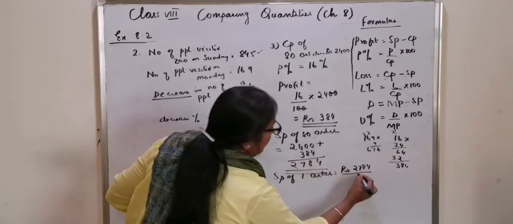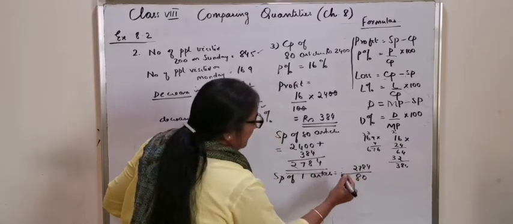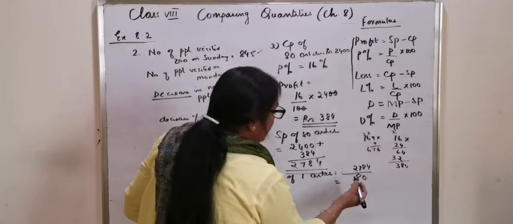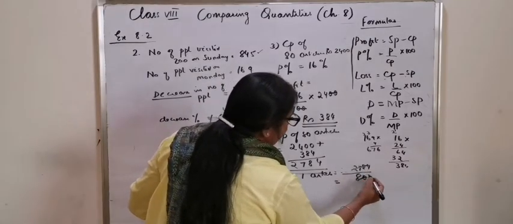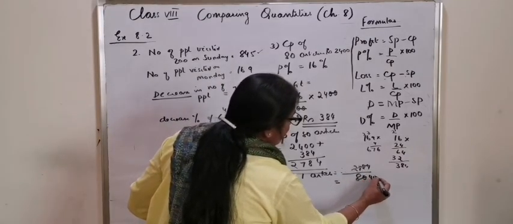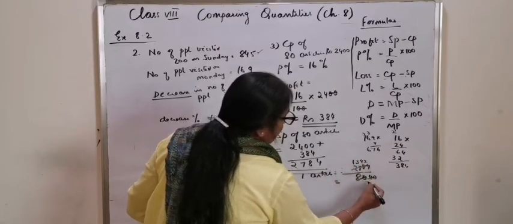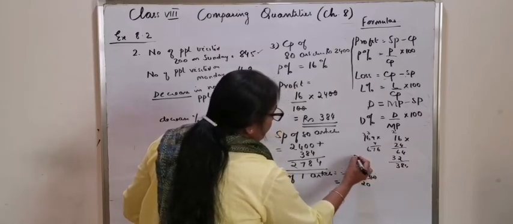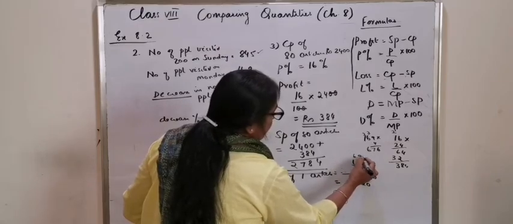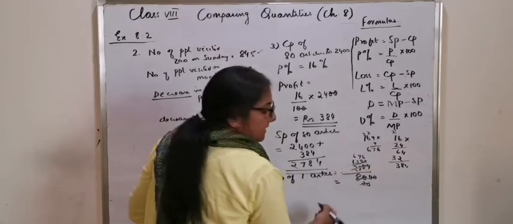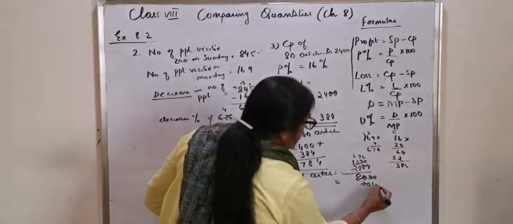2784 divided by 80. You can divide and check the answer. 80 by 2, it is 40. Again by 2, 20. Again by 2, 10.